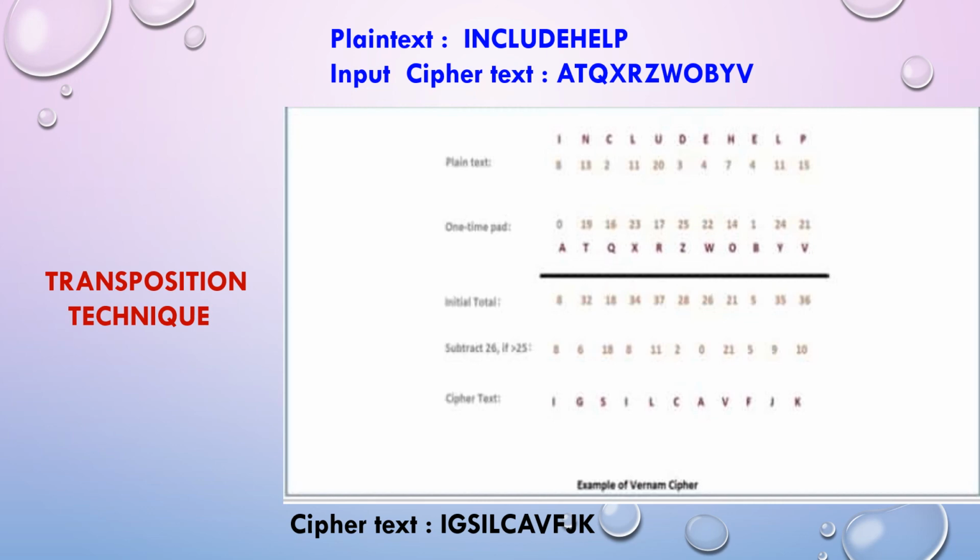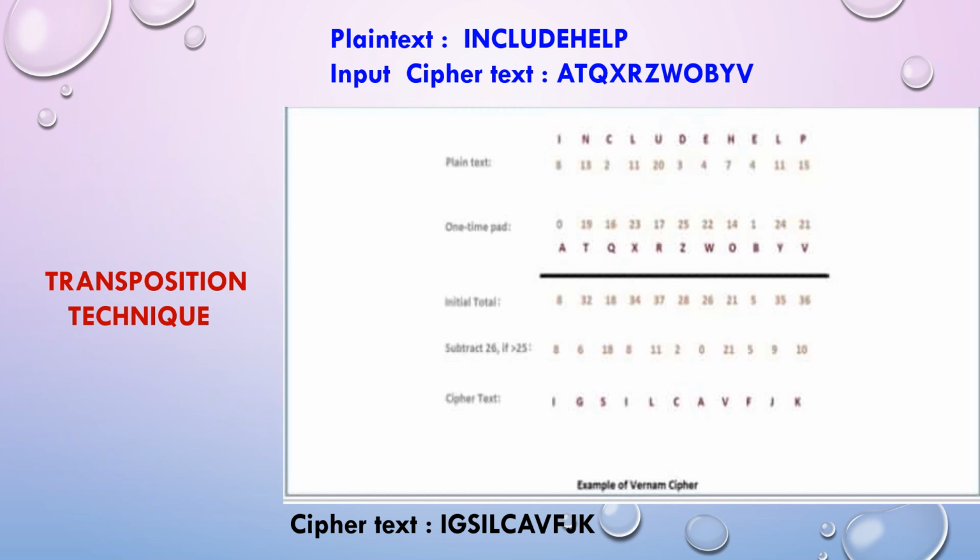Then we write the input ciphertext, the letters A, T, Q, X, R, Z, W, O, B, Y, V, and their equivalent numbers: 0, 19, 16, 23, 17, 25, 22, 14, 1, 24, 21.